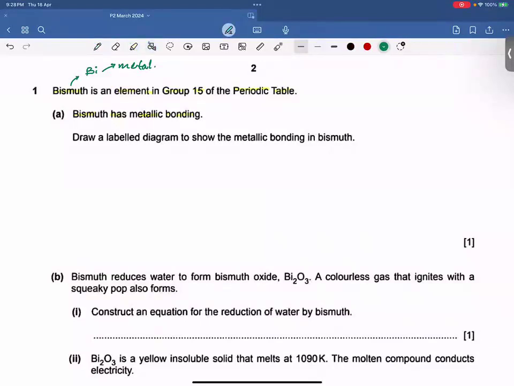Metallic bonding has two characteristic features. The first one is positive ions and a sea of electrons. A sea of electrons is also called a sea of delocalized electrons, also called bonding electrons.